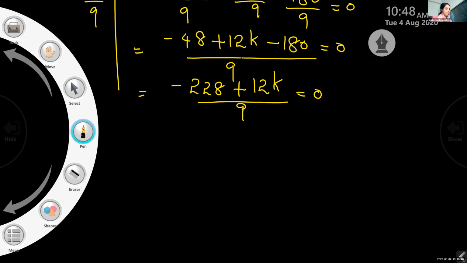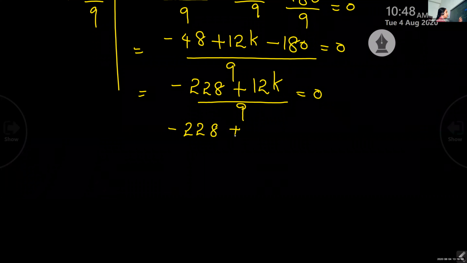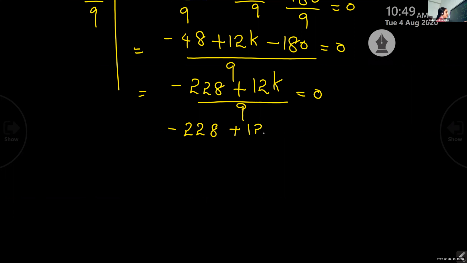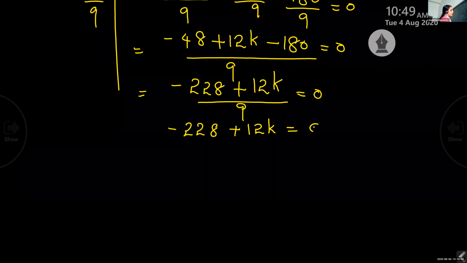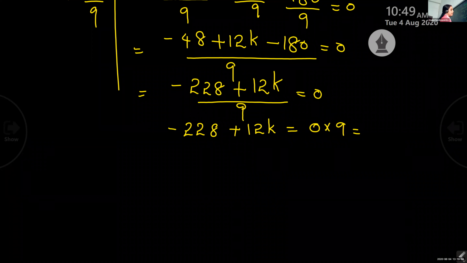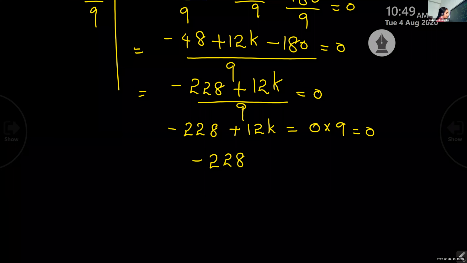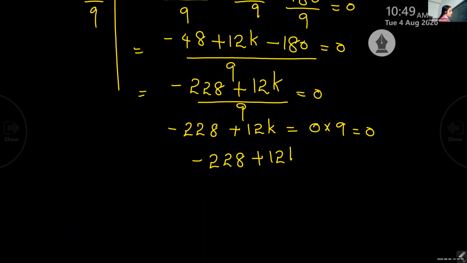Negative 228 plus 12k equal to 0 into 9, that is 0 itself. So you got the answer as negative 228 plus 12k equal to 0.